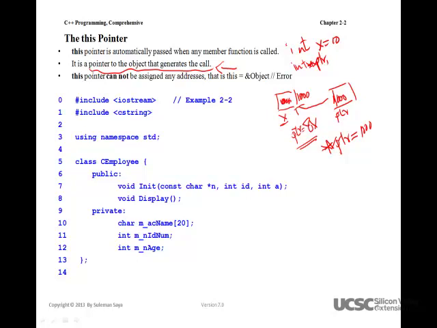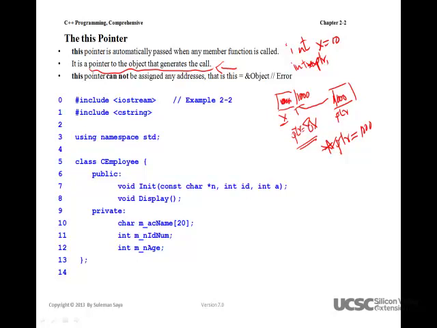Then line number 1 includes cstring. It is basically similar to the string header file in C. The purpose we will use it for is the strcpy function. And at line number 3 I have using namespace std. We already have discussed it. The purpose of this line is so I do not have to repeat the std keyword in front of the cout or cin object.